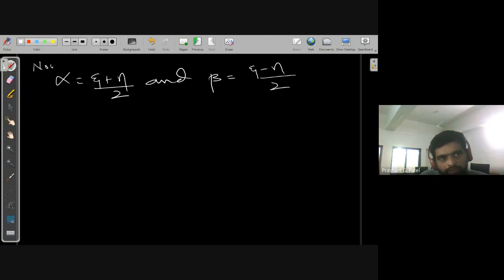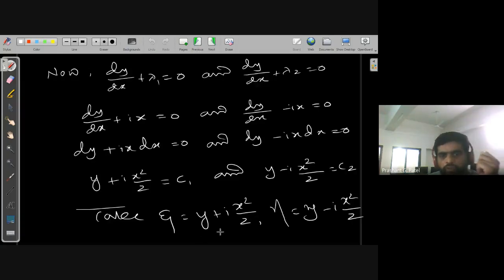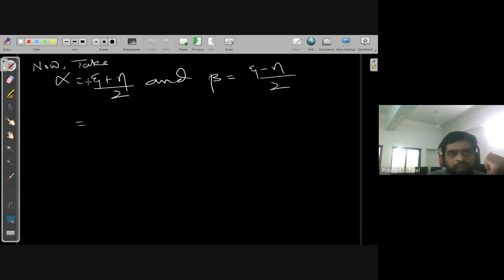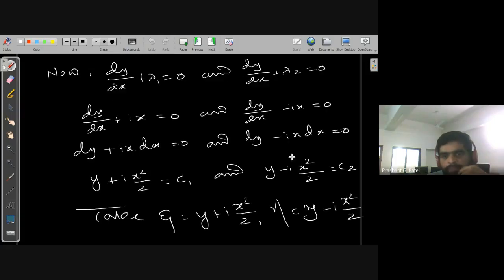So now consider alpha is this and beta is this. So xi plus eta: what will the addition of these two give? This x square by 2 will cancel out. It will give me 2y. So the value of alpha is 2y by 2, so alpha is y. And the value of beta: if I subtract these two, it will give me xi minus eta, which gives me i x square.